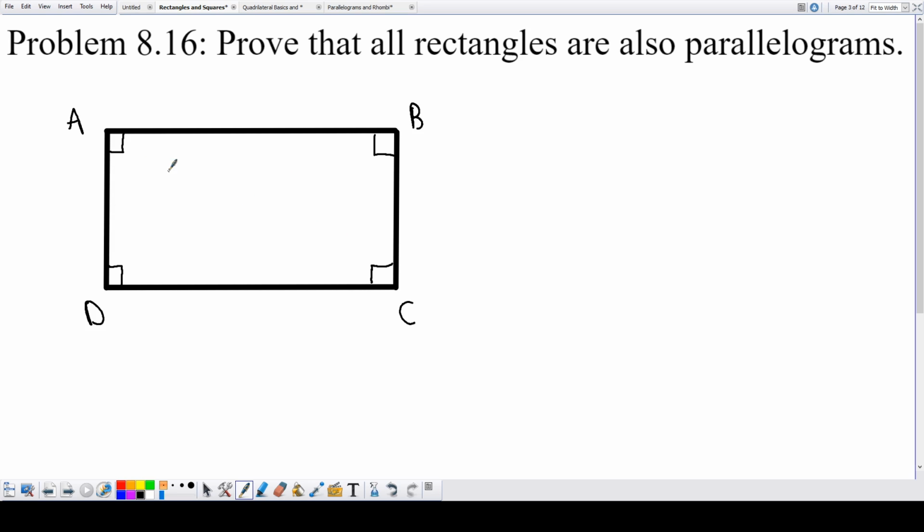And that's all I really know now. So, I want to prove that all rectangles are parallelograms. Now I should ask, how can I prove that anything is a parallelogram?